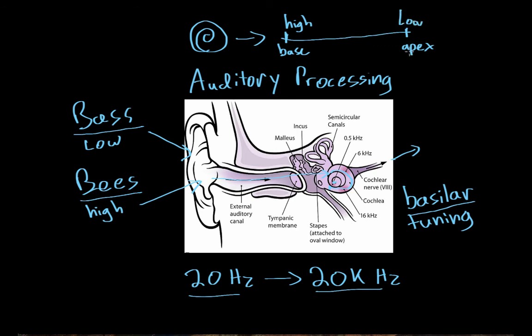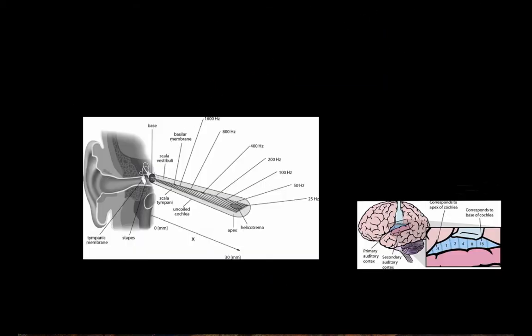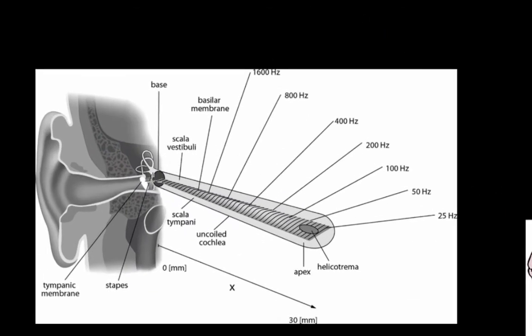So let's look at another picture just to make things a little bit clearer. This picture basically just shows the cochlea unrolled. This would be the base of the cochlea, and this would be the very tip or the apex of the cochlea. And hair cells are found all along the basilar membrane.